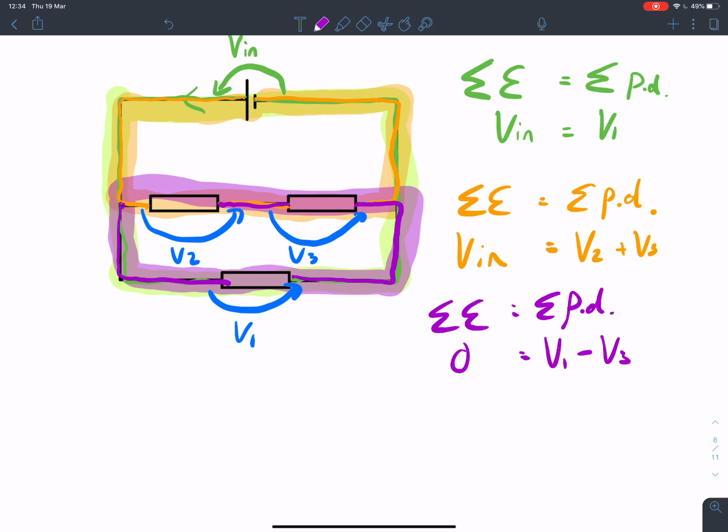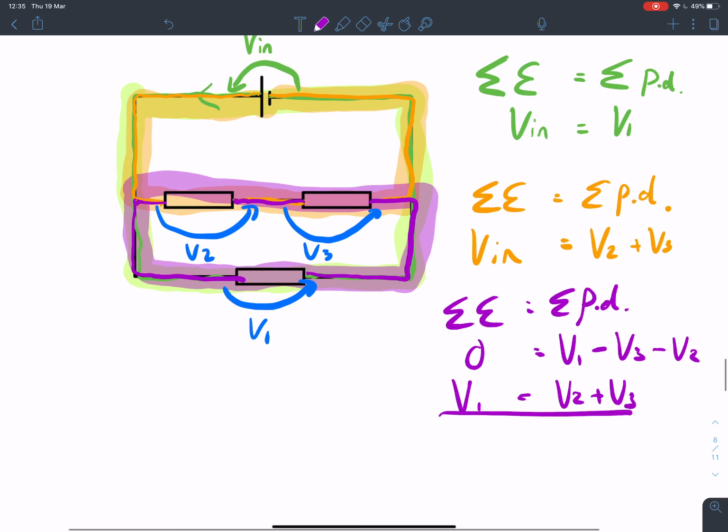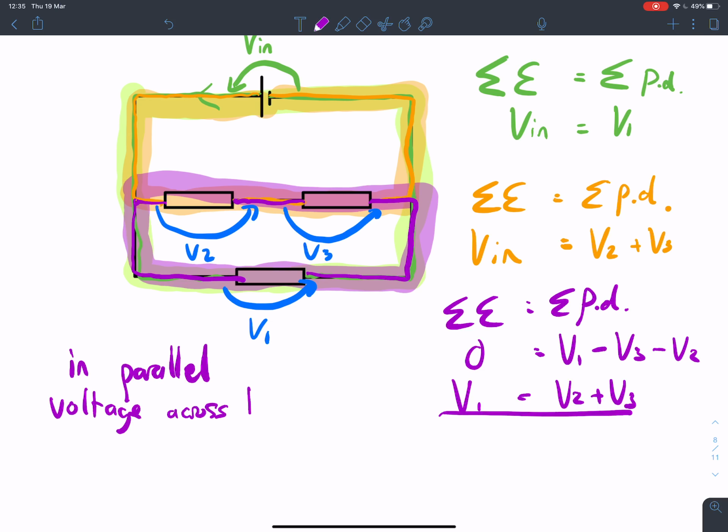Similarly here, I get to V2, I'm also going to have a negative sign there. So what's this going to give me? Well, that says V1 equals V2 plus V3. So I've got another equation here. Basically, what I've shown is that in parallel, voltage across branches is the same.